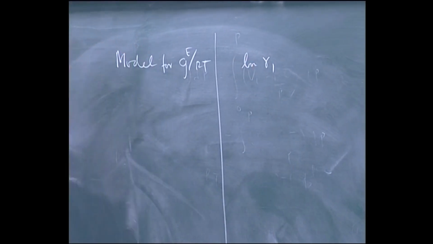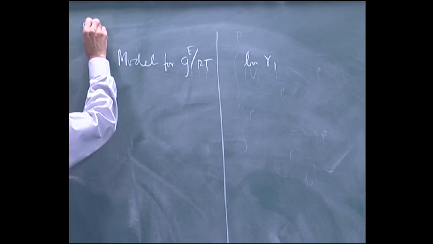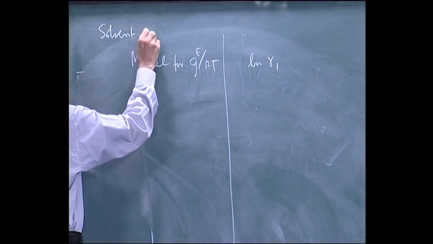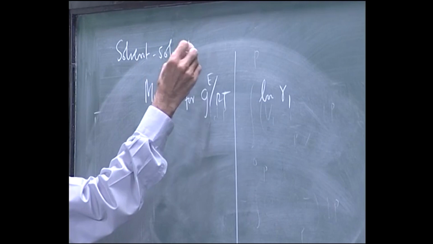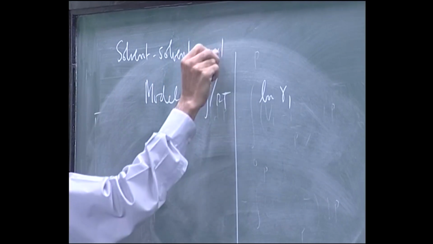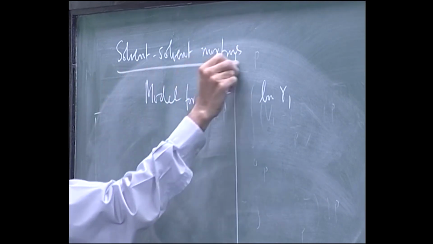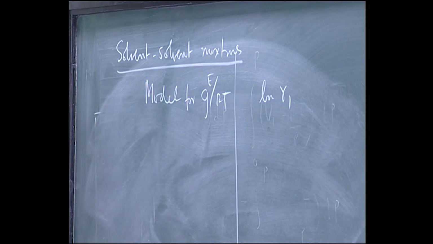You can get this from tables. You will have to write this separately for two classes of mixtures. I will deal with solvent solute mixtures later. For solvent solute mixtures, the model for the solvent will remain the same, but for the solute I will have to write it differently.